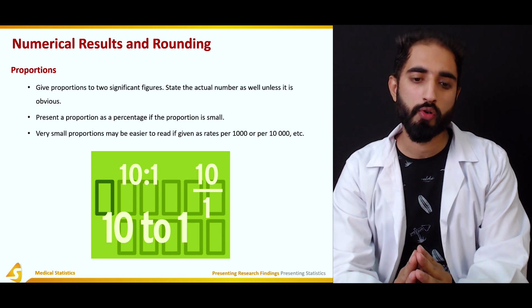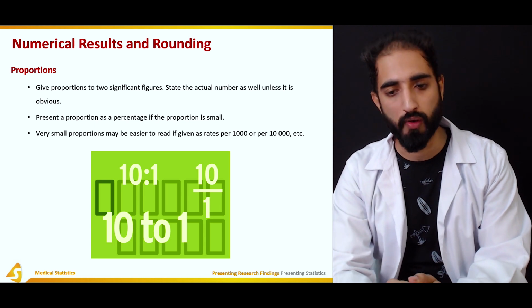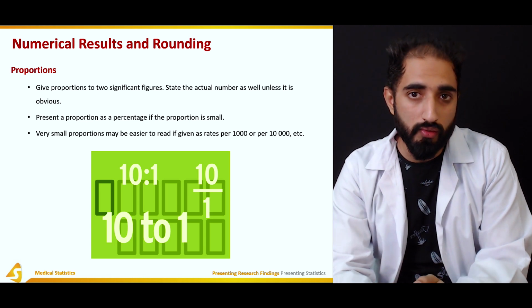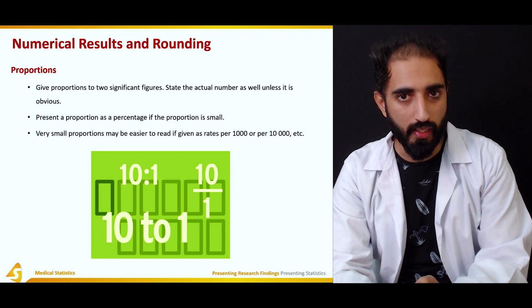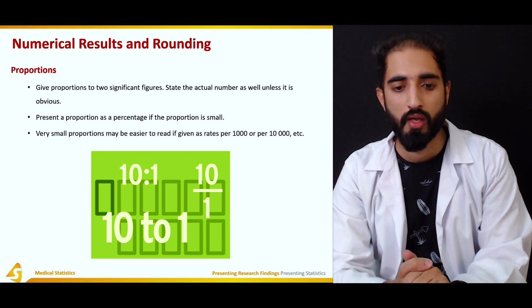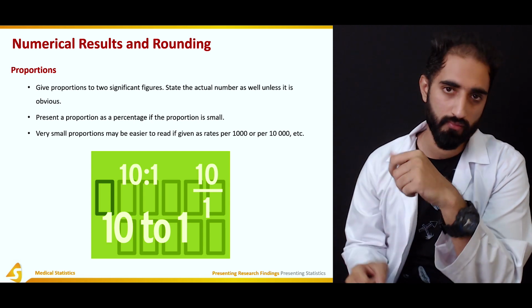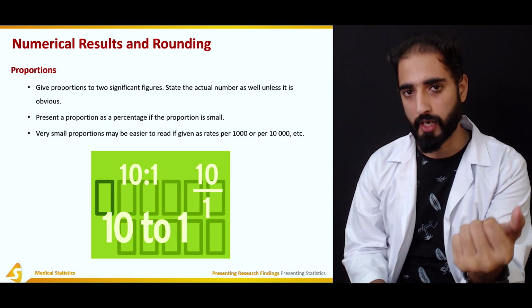Very small proportions may be easier to read if given as rates per 1,000, per 10,000, etc. If it is even smaller than that, for example 0.001 out of 100, then you can give it as, for example, 1 per 1,000. So you can present your numeric data in that way as well.